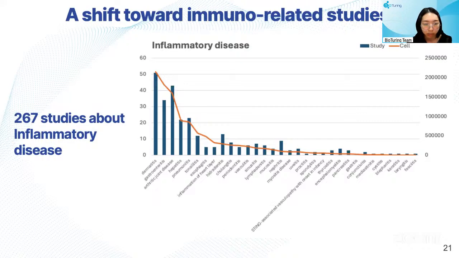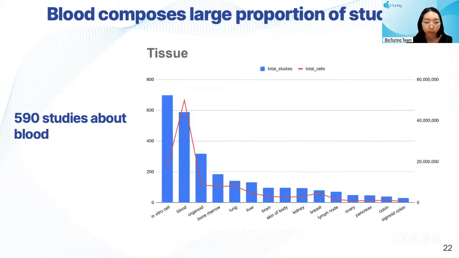You can see some of the top categories here include dermatitis, gastroenteritis, hepatitis, and so on. In total, we have 267 studies relating to inflammatory disease, and again, over 20 million cells relating to inflammatory disease.